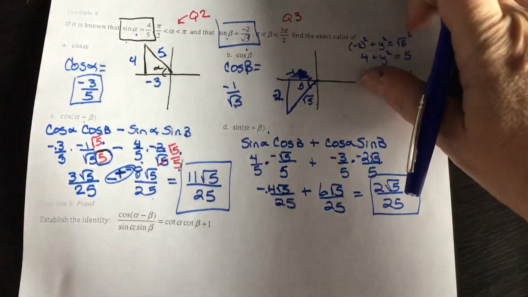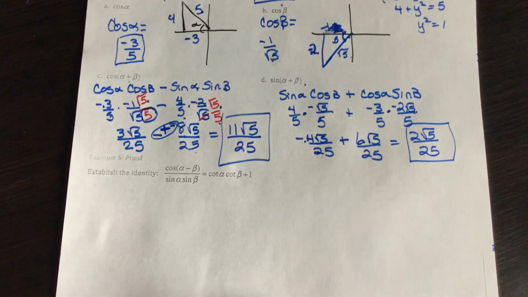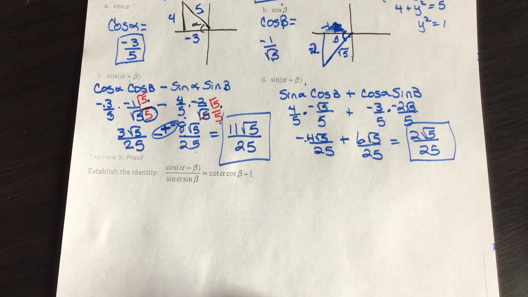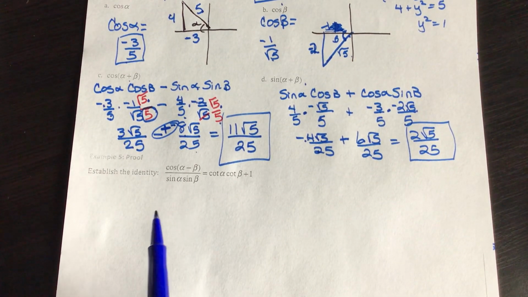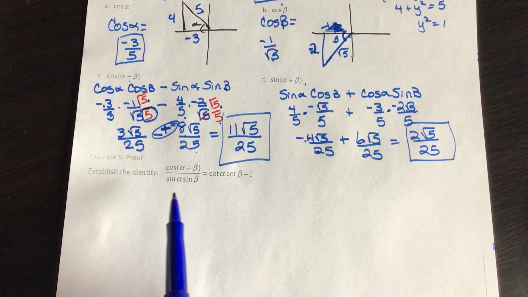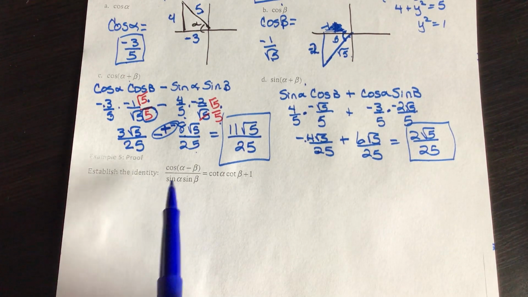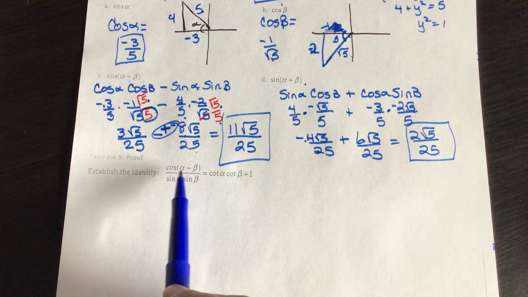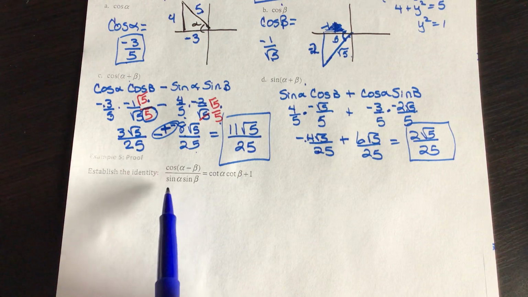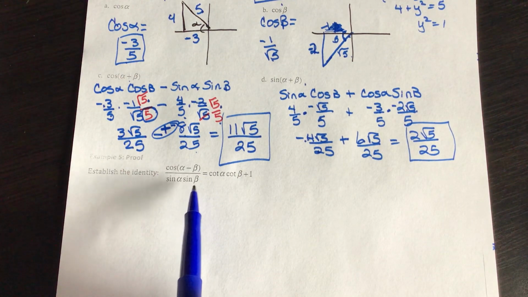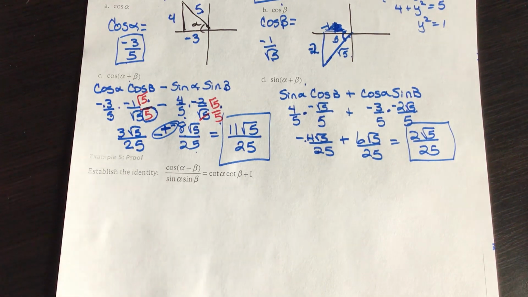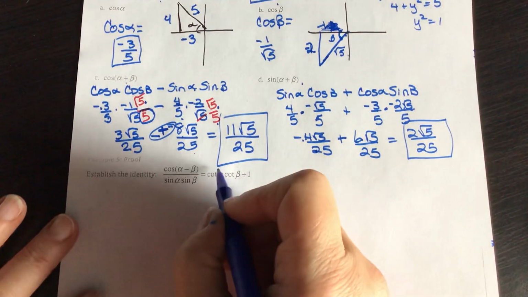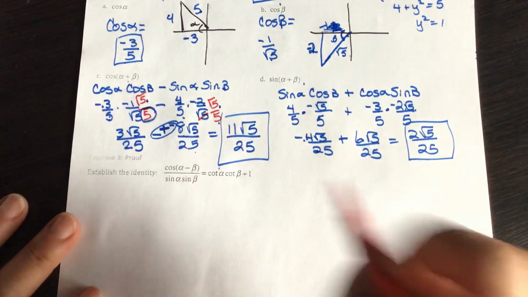And the very last part asks us to establish an identity. And while we're working on those, we can't pass up a chance to do a little bit of practicing here. But we have cosine of a minus b over sine a sine b equals cotangent a cotangent b plus 1. All right, so this is what we want to end up with.